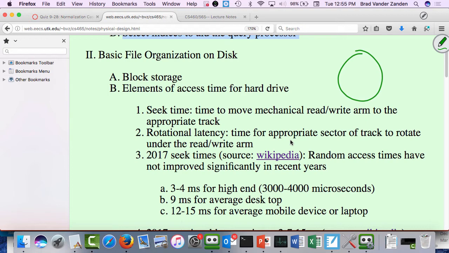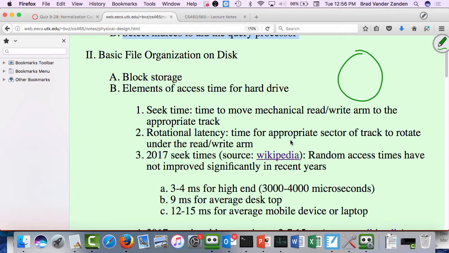Probably some that are even higher at this point. And you have a read-write arm that is going in between these disks.